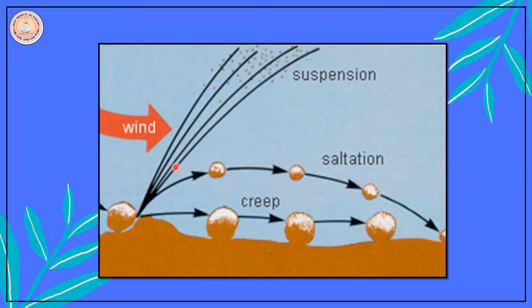As the wind blows, some of the particles are suspended, some are jumping and hopping, and some are flowing along with the wind but very close to the surface, which we call creep. And they all are tools for the erosive nature of the wind.